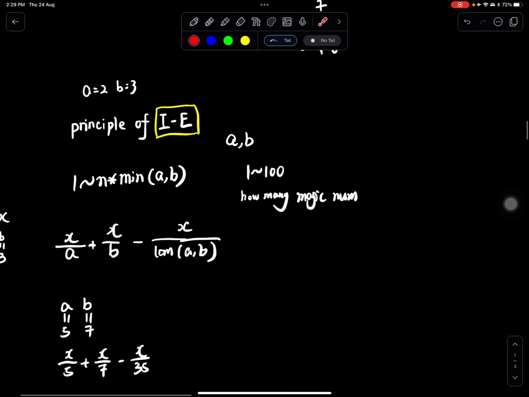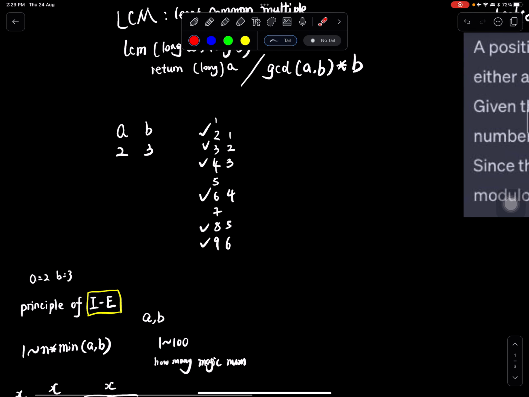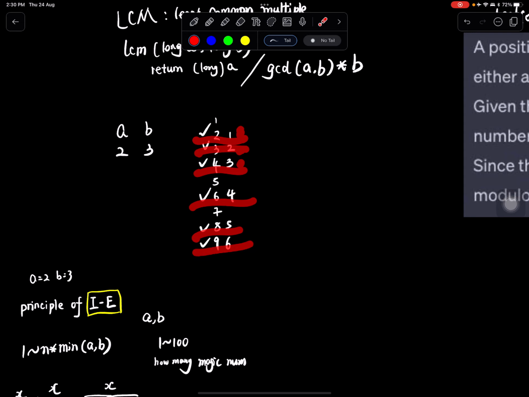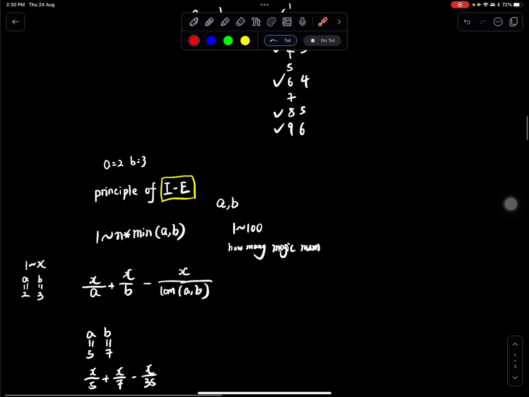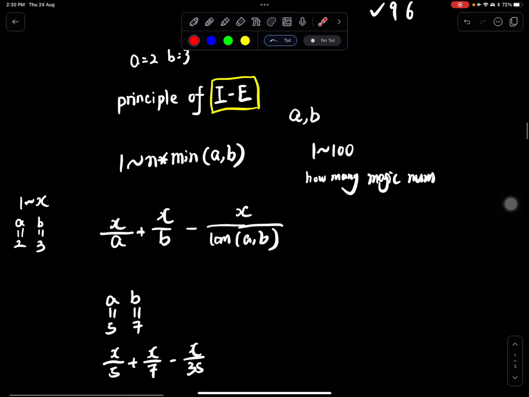So how this works is, for example, A equals 2, B equals 3. Then you get this: 2, 4, 6 and 3, 6, 9 — these are the N-th numbers. Then you get this LCM.